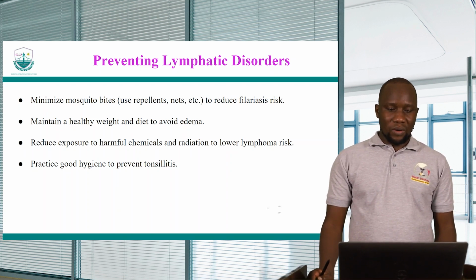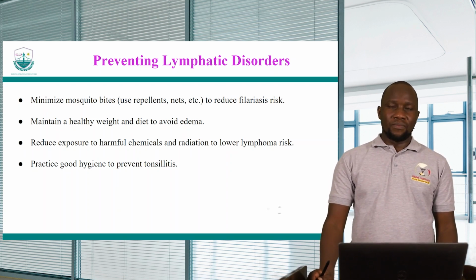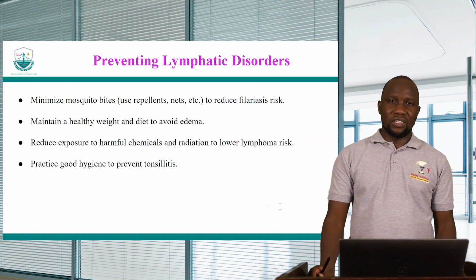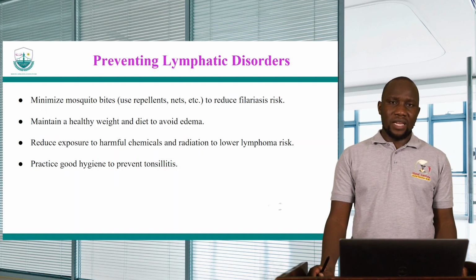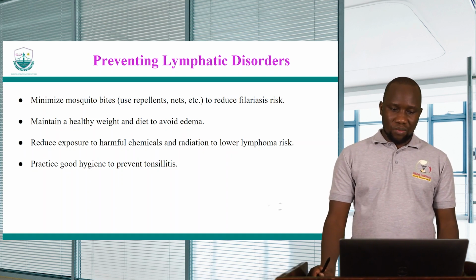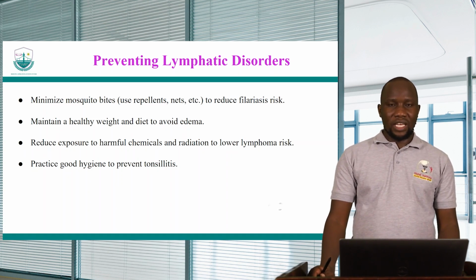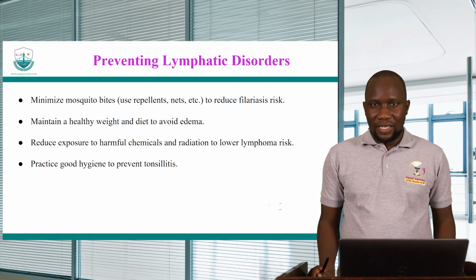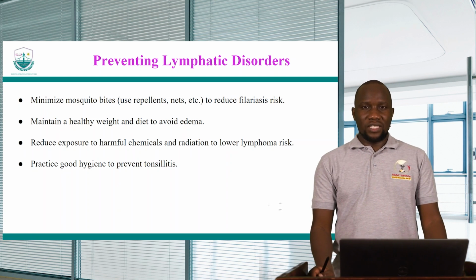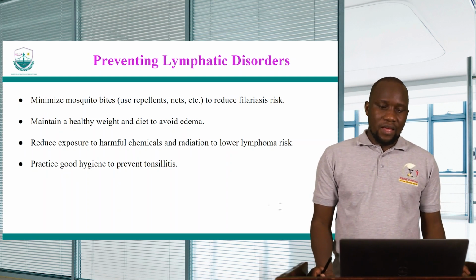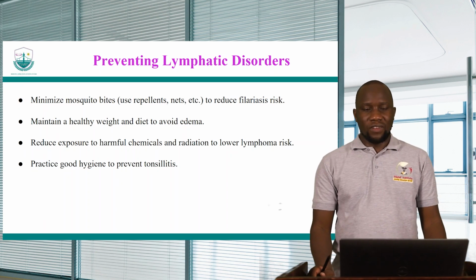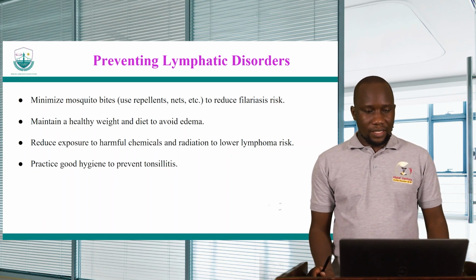We also talked about the fact that edema can be caused by poor lymphatic drainage, but a healthy diet can really help. Avoid getting exposed to dangerous chemicals because they can cause cancers, and we call the cancers of the lymphatic system lymphomas. And good hygiene is very important in preventing tonsillitis.